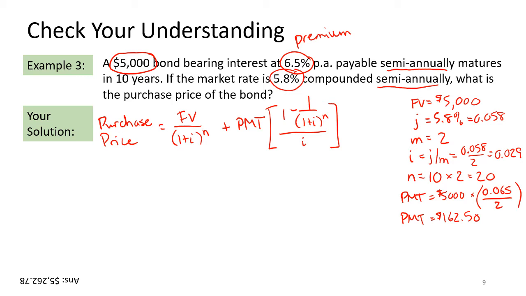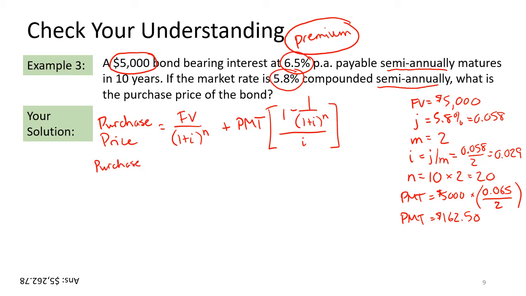So now again, just like the previous example, we can substitute these values in. And keep in mind, we should be getting a premium, right? It's an easy item to see when you see the two interest rates, okay? So you know if you did something wrong in the calculation if you're not obtaining, in this case, a number greater than 5,000.